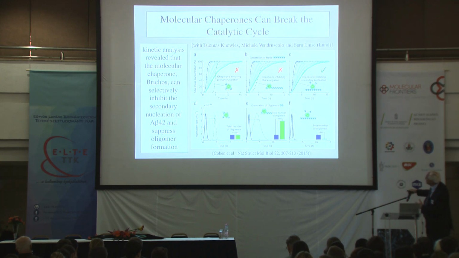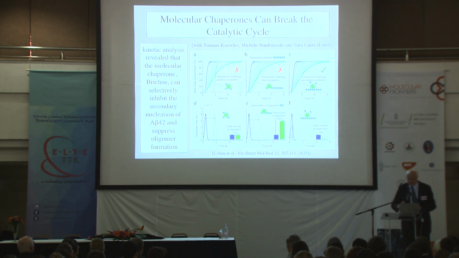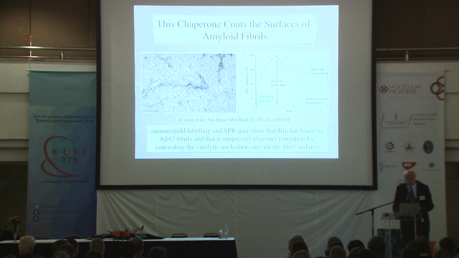And it's very important because if you were, for example, to stop elongation, you get an accumulation of these precursor proteins, which would be horribly toxic. But by inhibiting the secondary nucleation, stopping these nuclei forming, you reduce dramatically the number of oligomers. And indeed, we know that this chaperone, if you put it in flies, for example, absolutely suppresses the damaging effects. We know how it happens. We can do immunogold labeling.